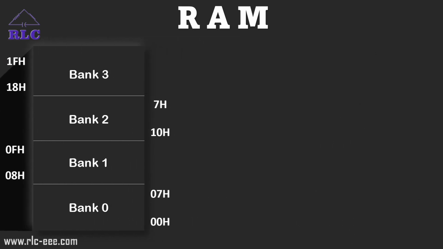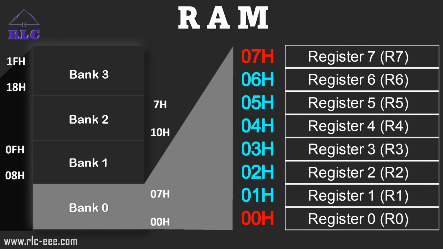Now we'll see the details of each bank. Bank 0 has memory locations from 00H to 07H. For each memory location, a name has been given, like in colleges, where a student has a name along with a university seat number or register number.